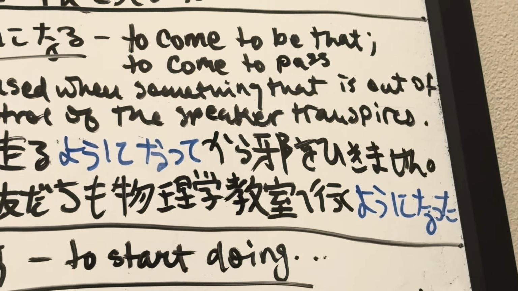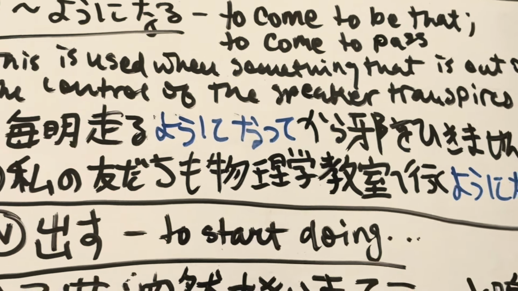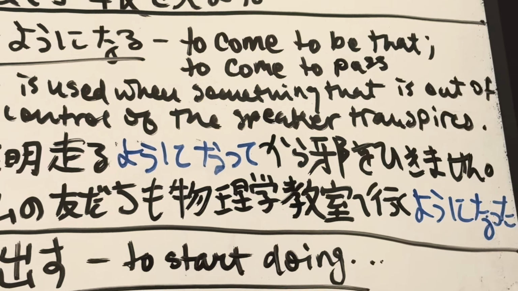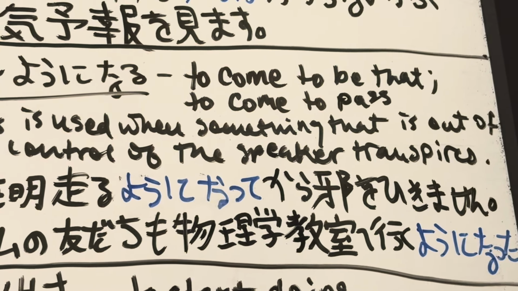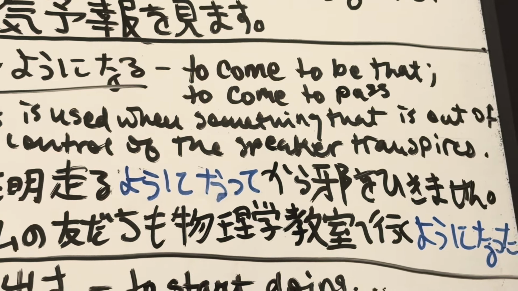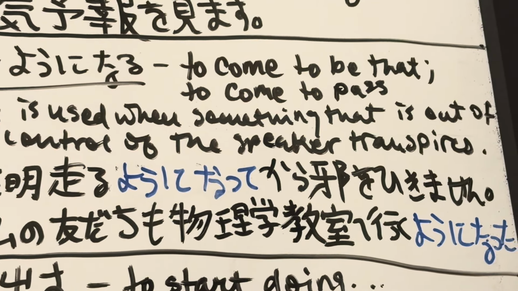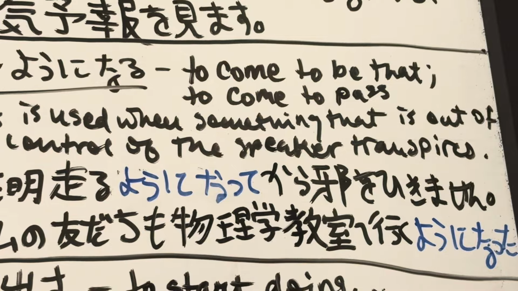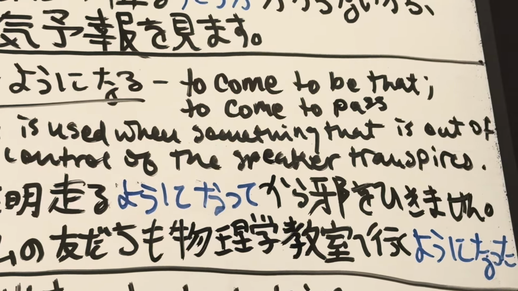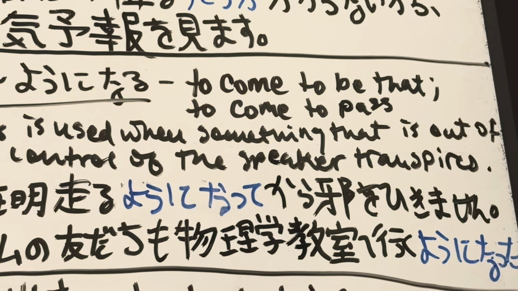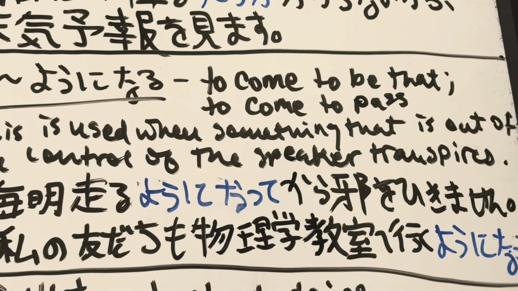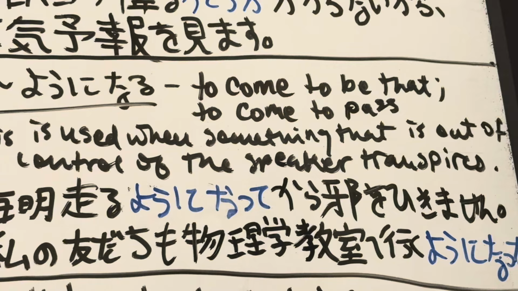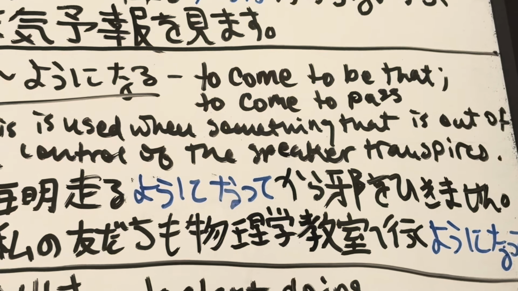Another good example would be 毎日日本語を勉強するようになってからペラペラになりました. Or ペラペラ話せる. Or how about, so something along the lines of, ever since I started studying or learning Japanese, I've become fluent, or something like that, you know.